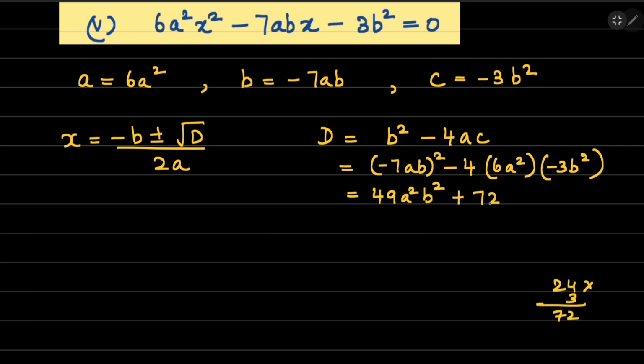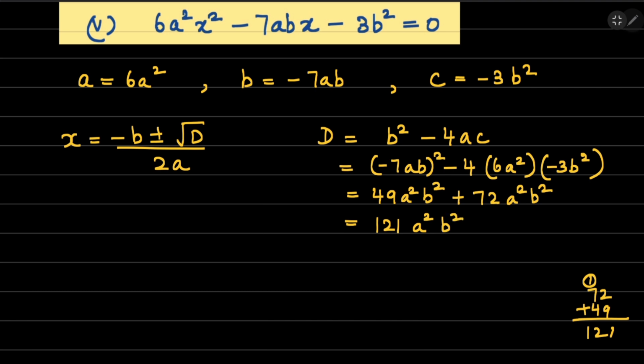So 72 a square b square. Right? What is 72 plus 49? 121 is the answer. Okay, so discriminant is 121 a square b square.